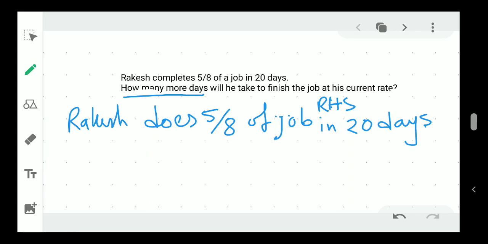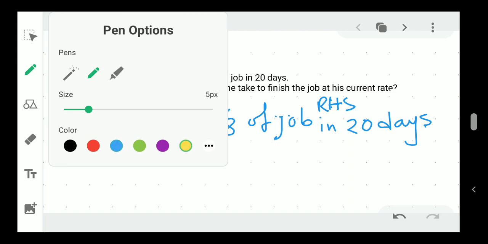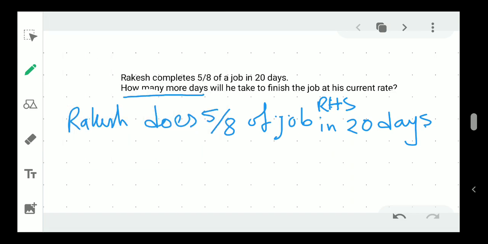Okay. Now to do the unitary method, first we have to see the relationship. If Rakesh has to do more work, that is, he has done 5 portions out of 8 work, but if he has to do more work out of 8 work, that means it will take more time, right?